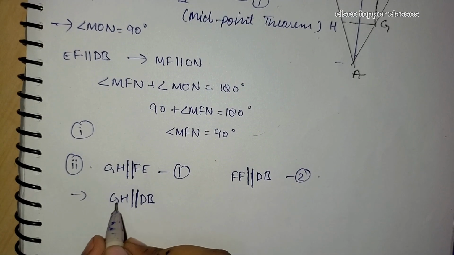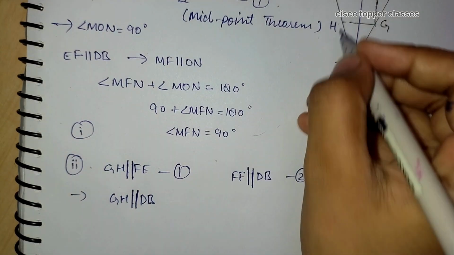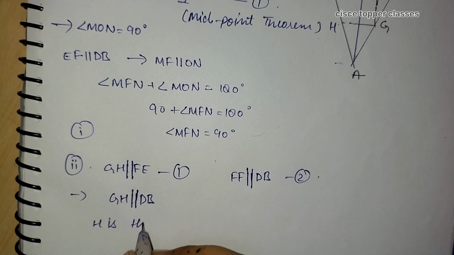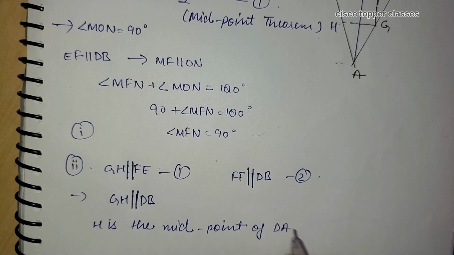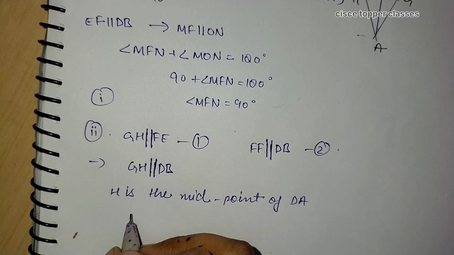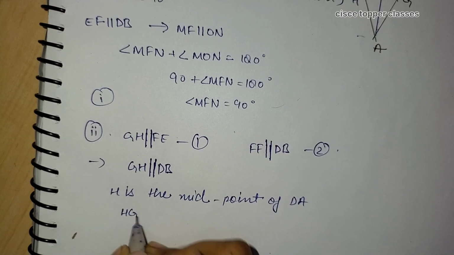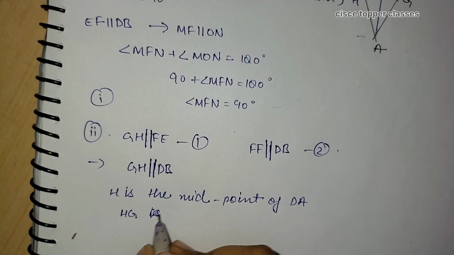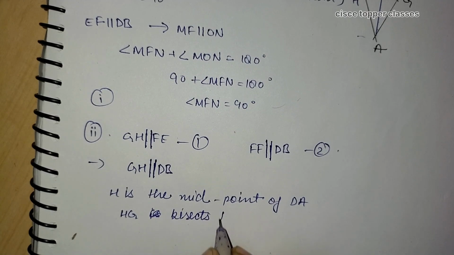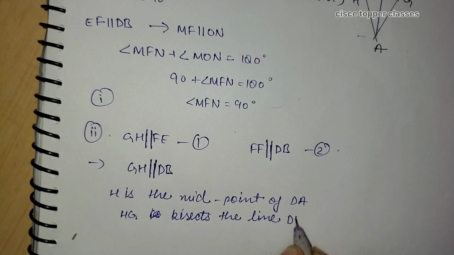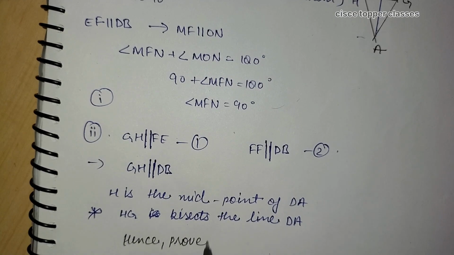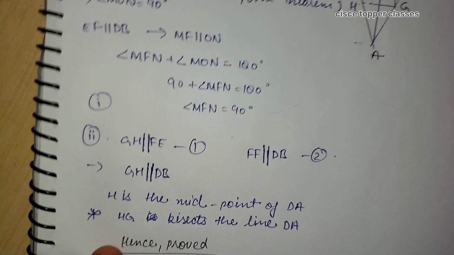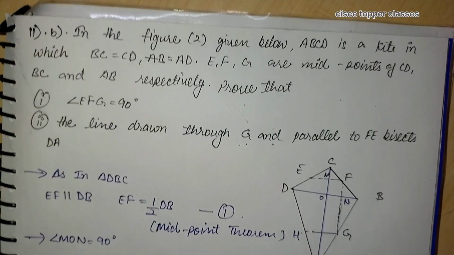And as we have proved that GH is parallel to DB, we can say that H is the midpoint of side DA, and because of that, HG bisects the line DA. Hence proved. So this is the solution of this question, 11 second part.